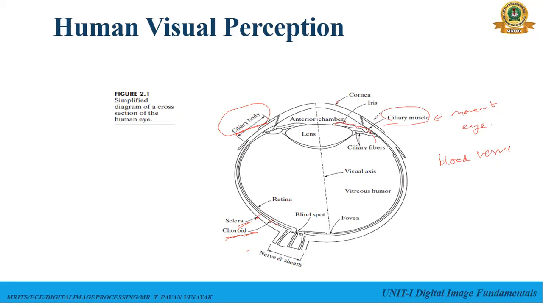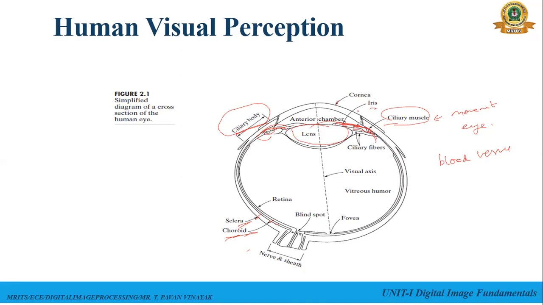The iris front part consists of a black pigment, a visible pigment which protects the eye. So this is the basic lens, and outside the lens there is some pigment the iris consists of.